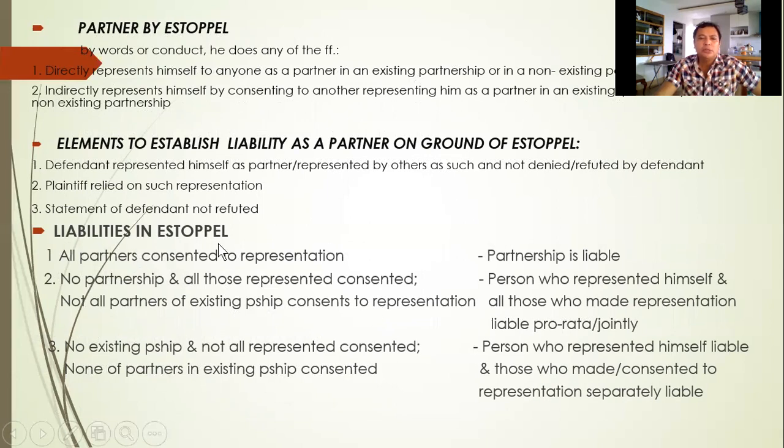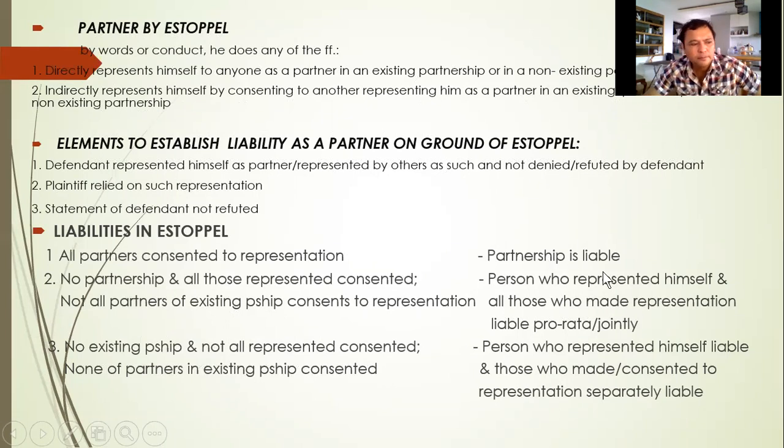So the liabilities in estoppel, if a person is found out to be a partner by estoppel, then the partnership is liable if all the partners consented to the representation. So the first case, when there is a person who is a partner by estoppel and he is falsely claiming that he's a part of the partnership, and all the partners have consented to the representation, then the partnership is liable.